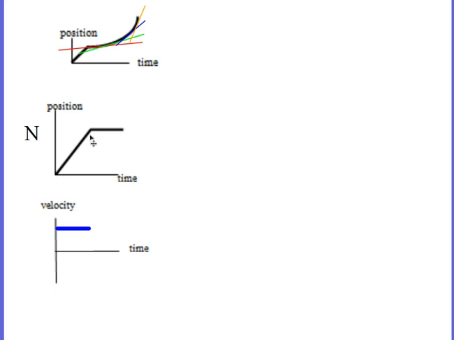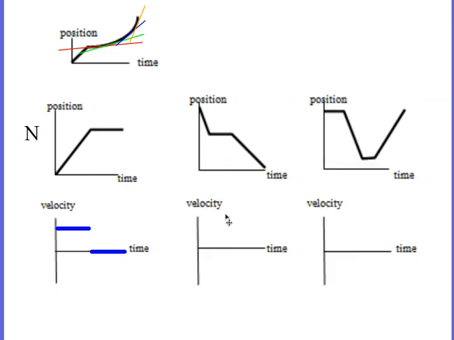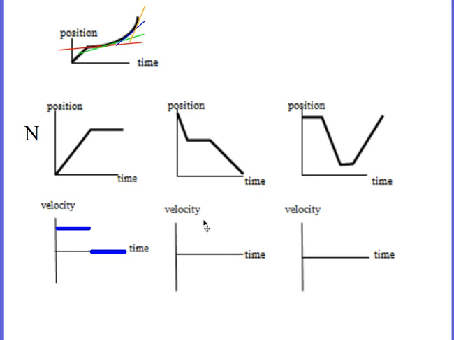And then here there's constant 0 slope, and so I'm going to have constant 0 velocity over that corresponding time. Do not look at the fact that the positions are getting bigger and bigger, or the position is staying equal to some value. I only care about the slope, and that will guide you as you do this. Now go ahead and do these two.